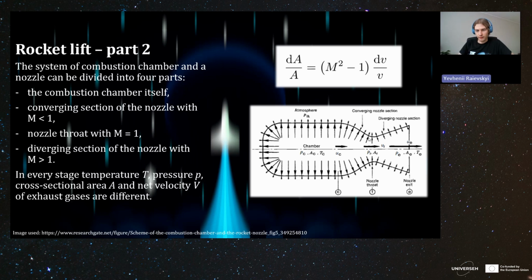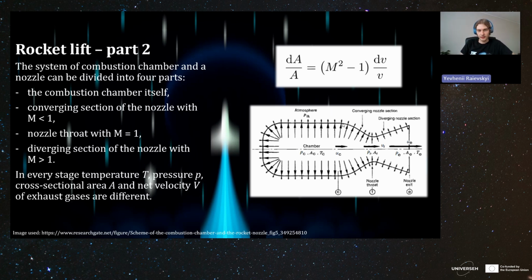At the convergent section of this nozzle, we have this parameter M less than 1. So if it's less than 1, this M squared minus 1 is less than 0, so it's minus. And dA is a cross-sectional area, and V is velocity. Didn't explain, but it's obvious, I guess.